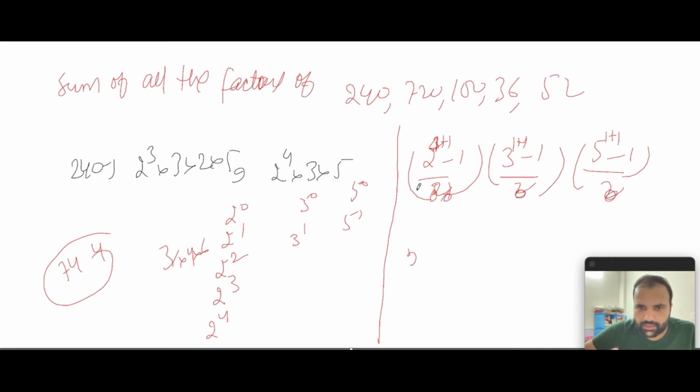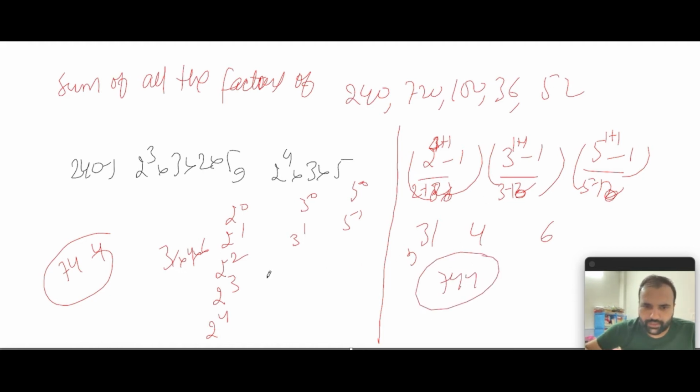So this is where I'm making little mistakes. It should be 2 minus 1 over here, 3 minus 1 over here, and 5 minus 1 over here. So it should be 31 over here, and then 4 over here, and 6 over here. So if you multiply them, it will be 744.